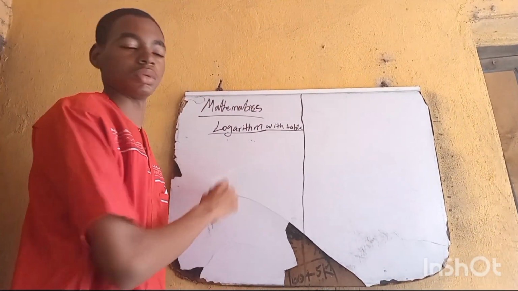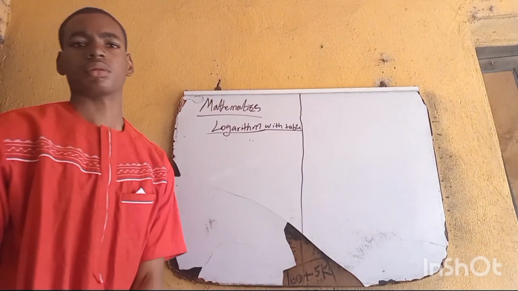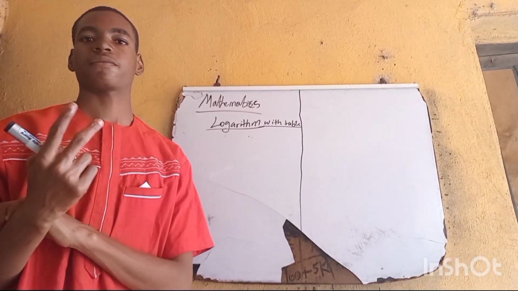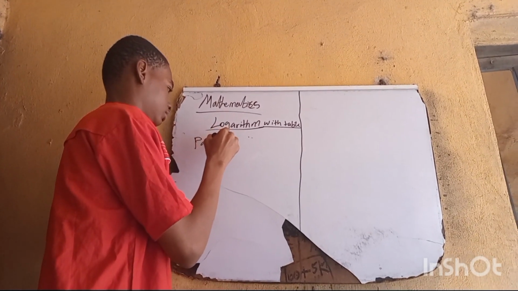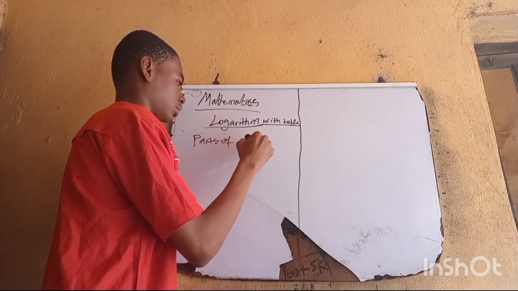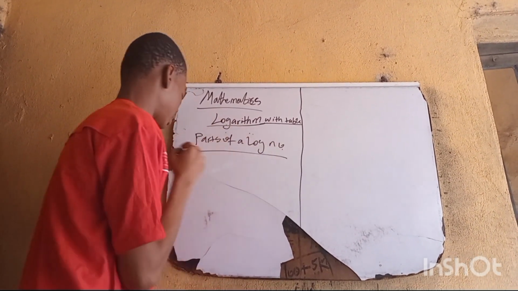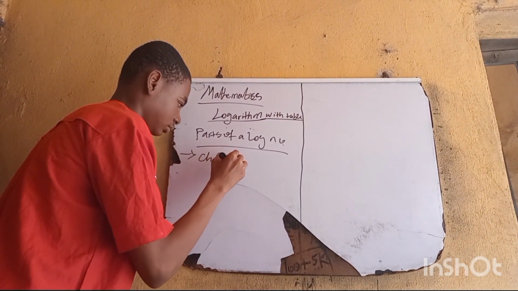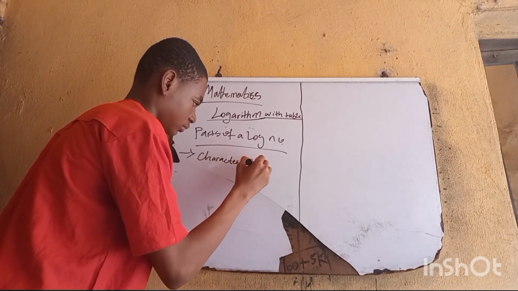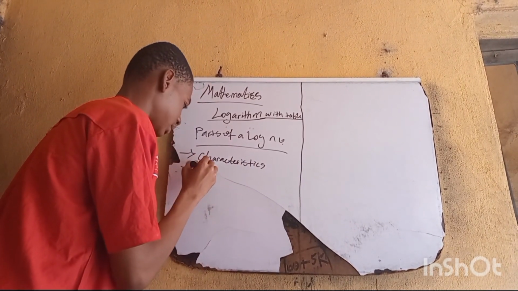Now, in the logarithm number, there are two parts that we have. The first one being the characteristics, and the second one being the mantissa.